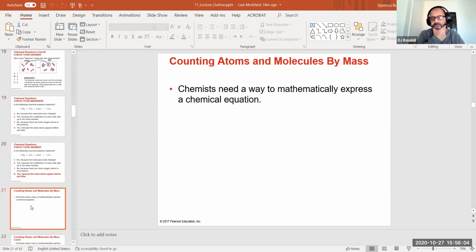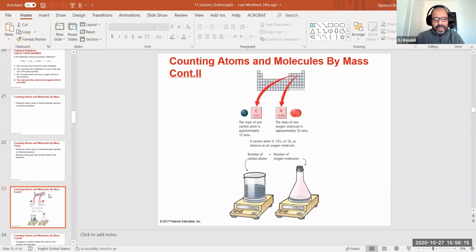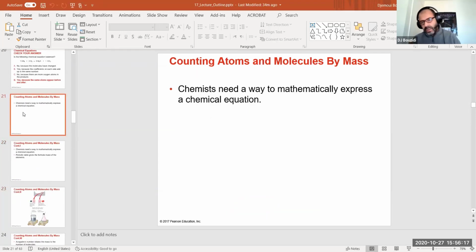Okay, chemists need a way to express a mathematical equation. So we go to the periodic table to give the mass of each element, and here's the deal, we saw it earlier when we were talking about that example with the two diatomic molecules. We know in that case that only one of them is actually needed, so one was gone to waste.